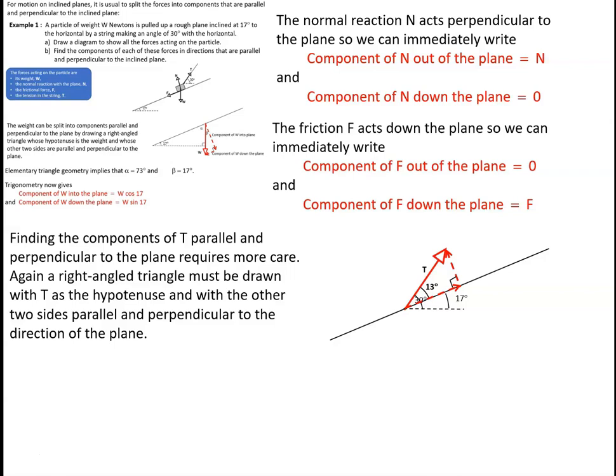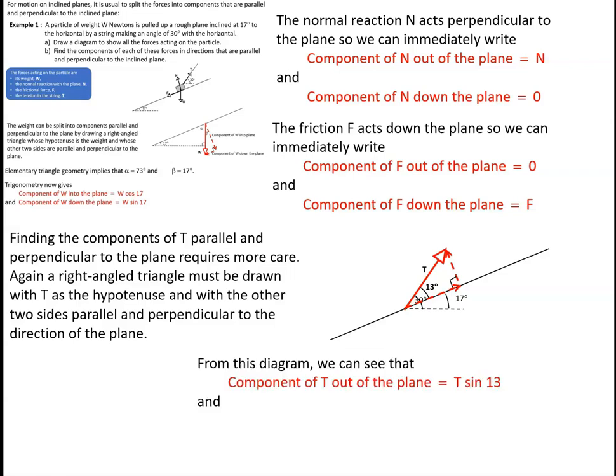Again, a little bit of elementary geometry gives me the angle between T and the direction of the inclined plane is 13 degrees. So we can see that the component of T out of the plane is the opposite side of our triangle to the 13 degrees.